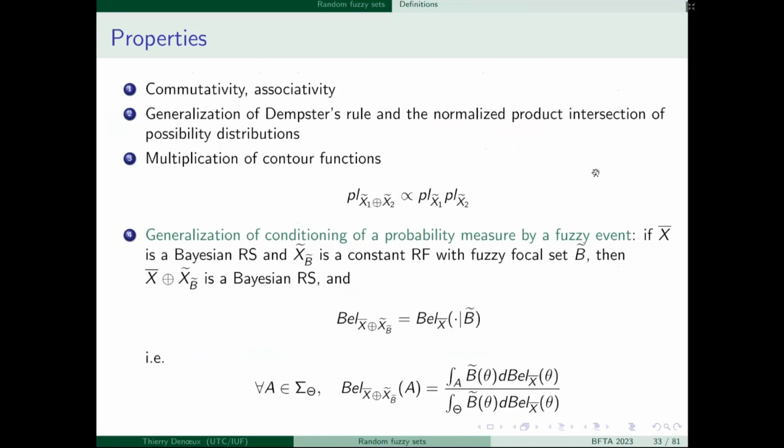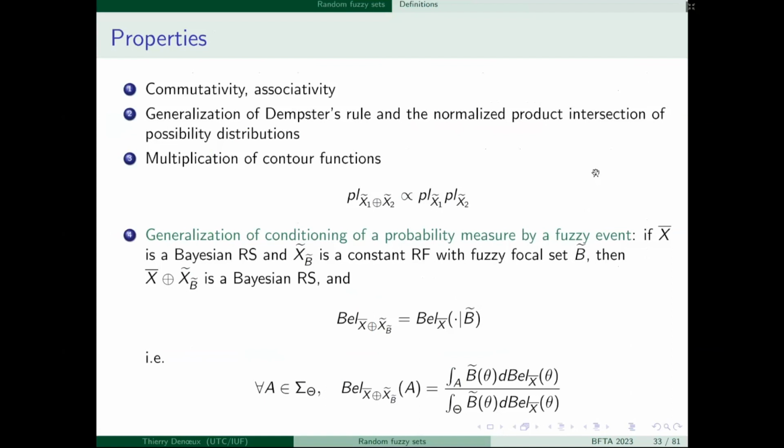So we still get this nice property that the contour function of the orthogonal sum is a product of the contour functions. This is a very nice property because we have seen that it can be very helpful in applications. And it generalizes conditioning of a probability measure by a fuzzy event.